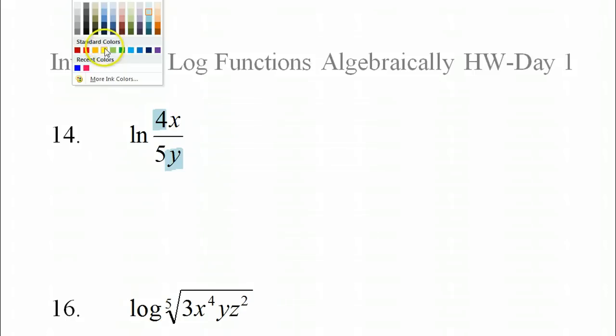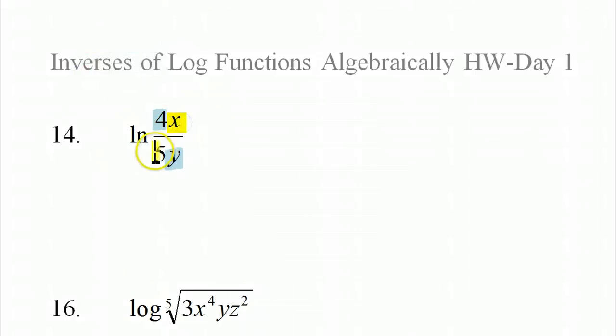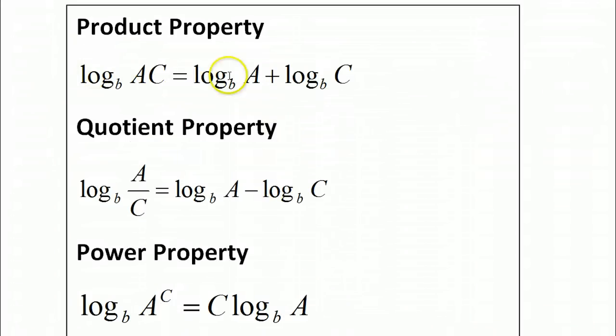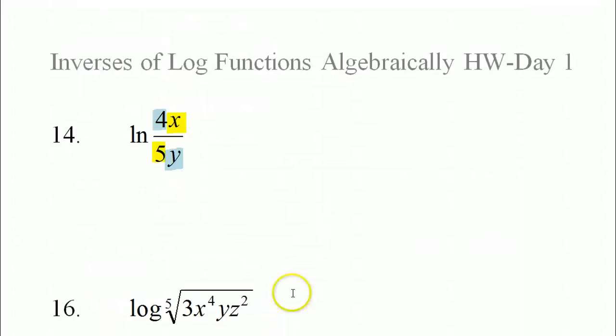I want you to see this as 4 different things. Now, we're going to use a combination of the product property and the quotient property because we have things being multiplied and things dividing. But bottom line is this: are you listening? Everything in the numerator is going to be a positive term, and everything in the denominator is going to be a negative term. All right?